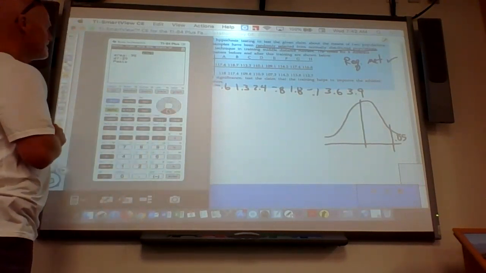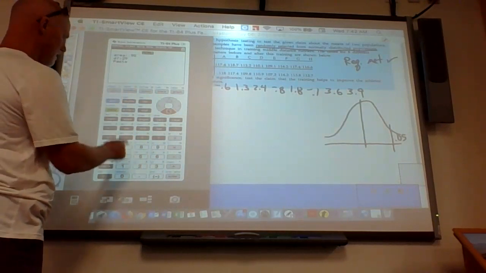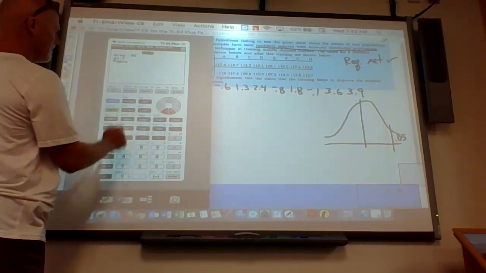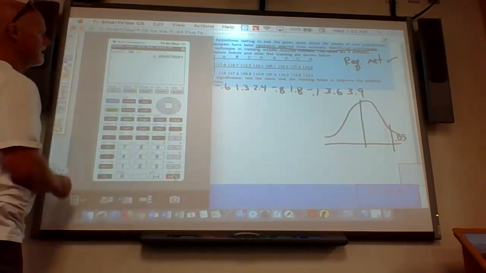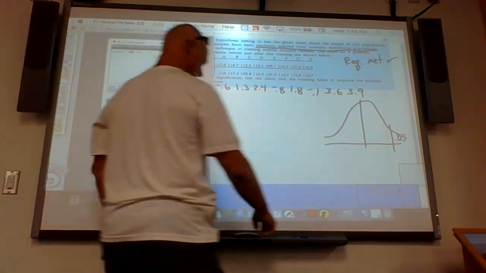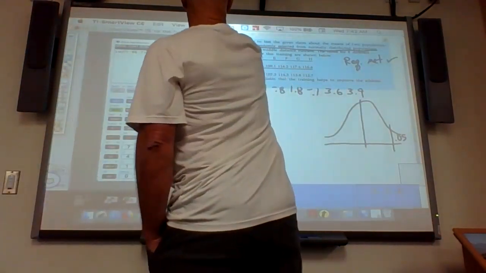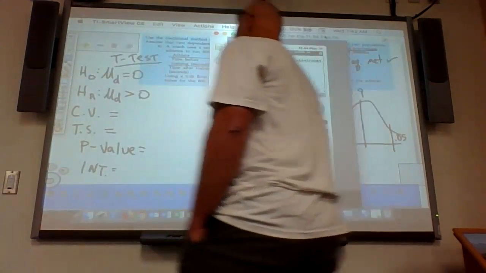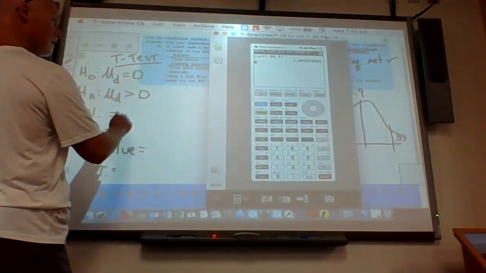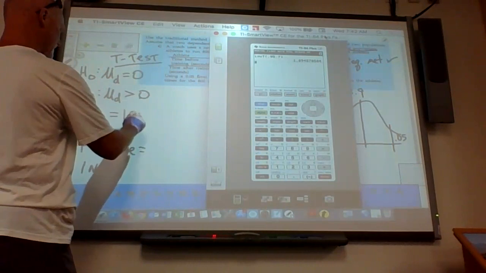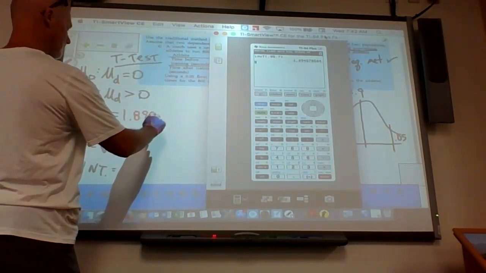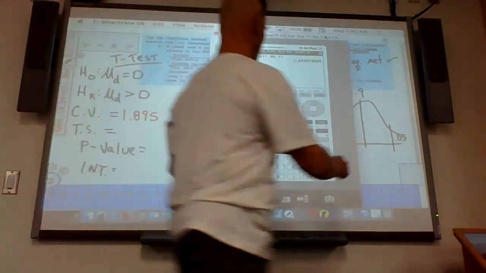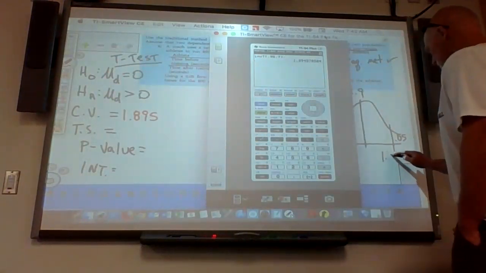And then degrees of freedom are 8 minus 1, which is 7. And then paste and calculate, and we get 1.895. And so I'm going to put that over here as well.